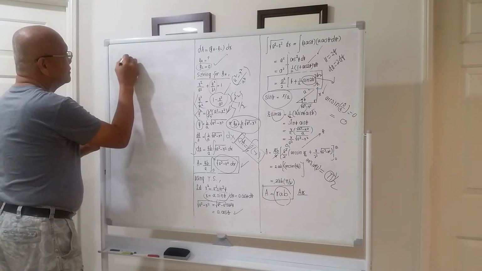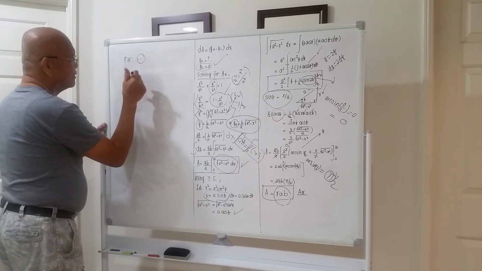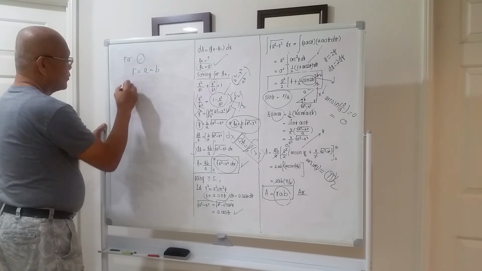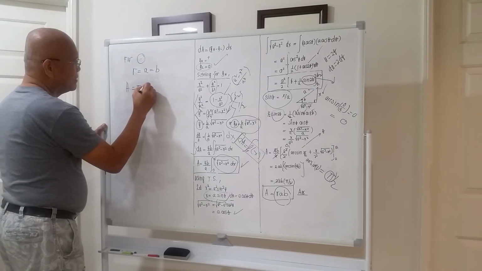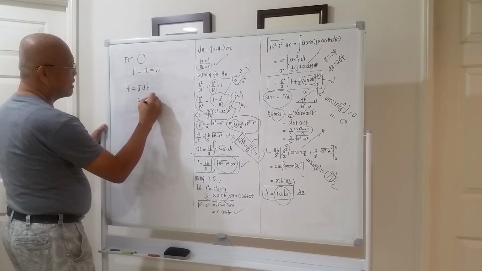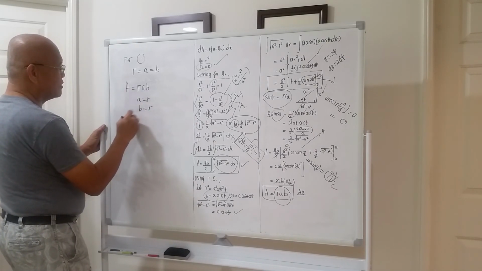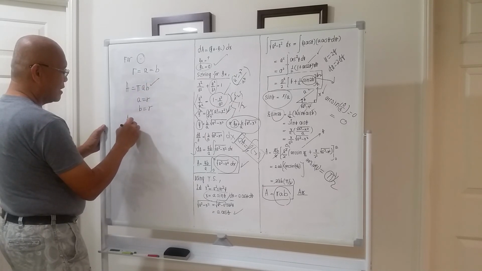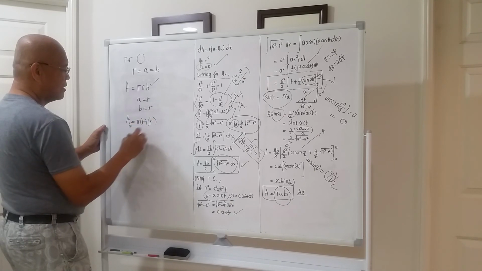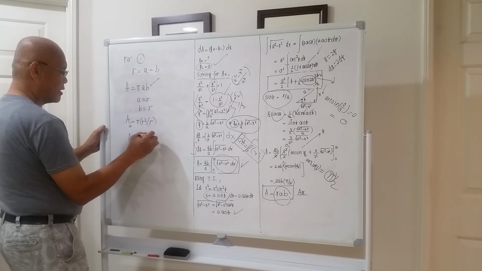For a circle, the radius R is actually equal to a equal to b. So from the area equal to pi ab, for a circle, a is equal to R and b is equal to R. So if we try to substitute it in this equation here, area of a circle is now equal to pi times R times R, or area of a circle is equal to pi R square.